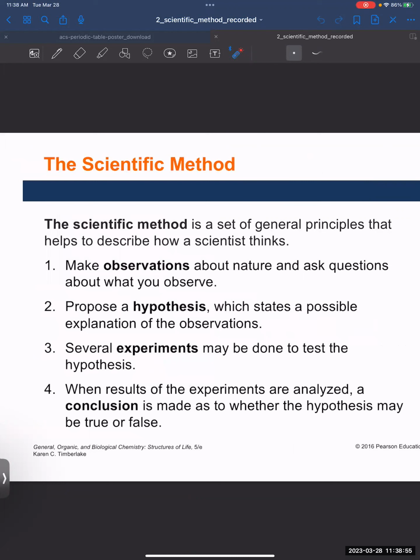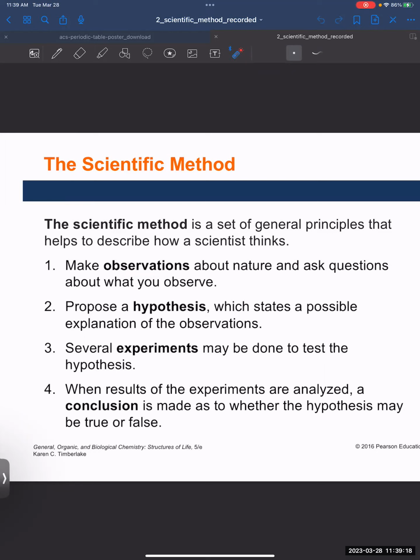So what is the scientific method? Well, it's a set of general principles that helps to describe how a scientist thinks. But I would argue that you all use the scientific method every day to problem solve. So first, you want to make observations about nature and ask questions about what you observe.